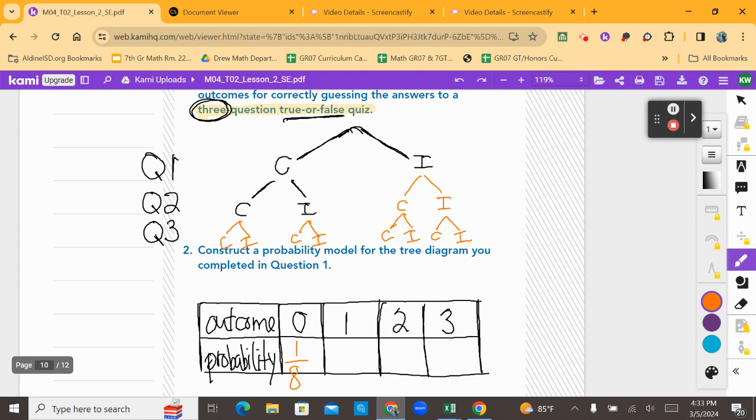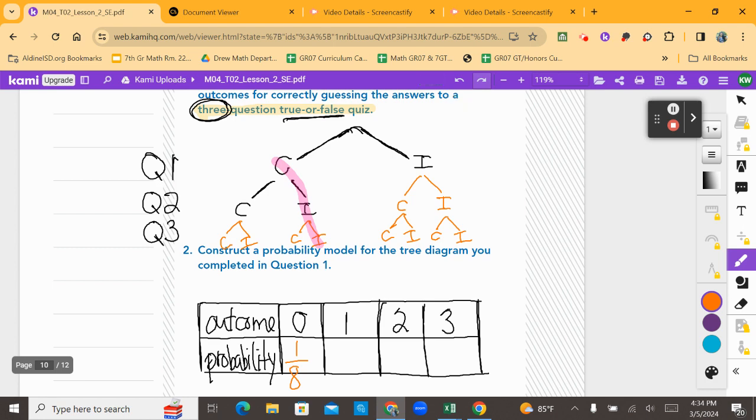So in our probability model, we've got 8 as our total outcome, and I went ahead and calculated the probability of getting 0 questions correct, and that is 1 out of 8, because that would show incorrect, incorrect, and incorrect, which I will highlight in a second. I made a lot of annotations, but I started off going towards my 1, 2, and 3.